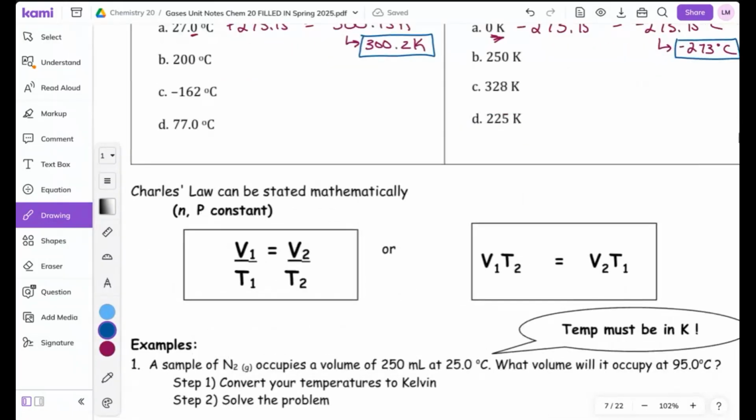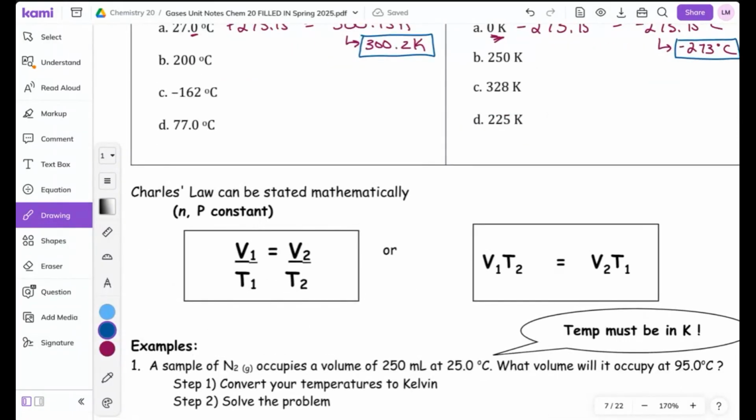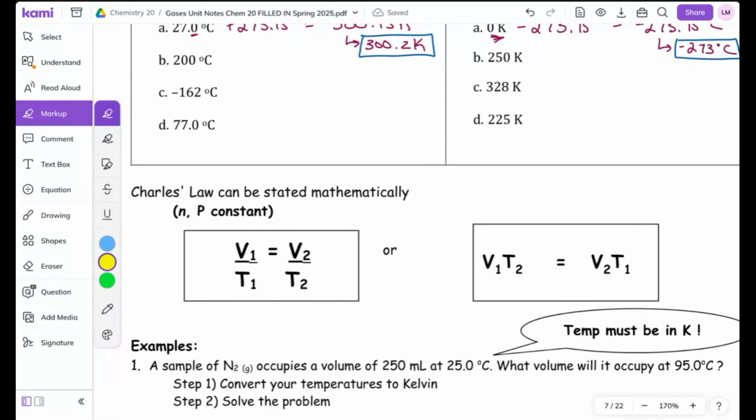All right. Now, mathematically, Charles's law has two forms. They're both equivalent. It's just one looks a little bit different from the other. You could use this form where all of the initial conditions, so the initial volume and temperature, are on the same side, and the final volume and temperature are on the other side.